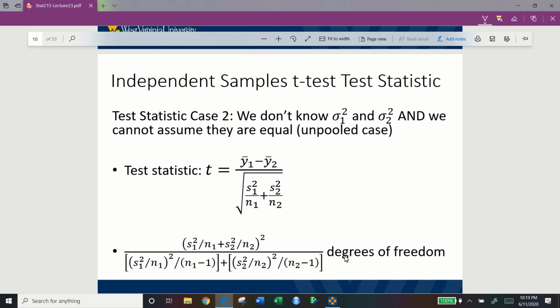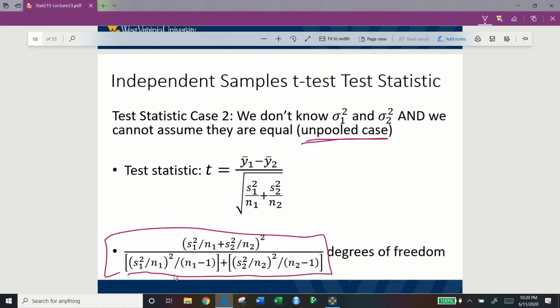Now let's look at our second t-test case, where we don't know our population variances and we cannot assume that they are equal. This is also known as the unpooled case. In this case, our t-statistic will be y1 bar minus y2 bar, all divided by the square root of s1 squared divided by n1 plus s2 squared divided by n2. And we will have degrees of freedom as follows.